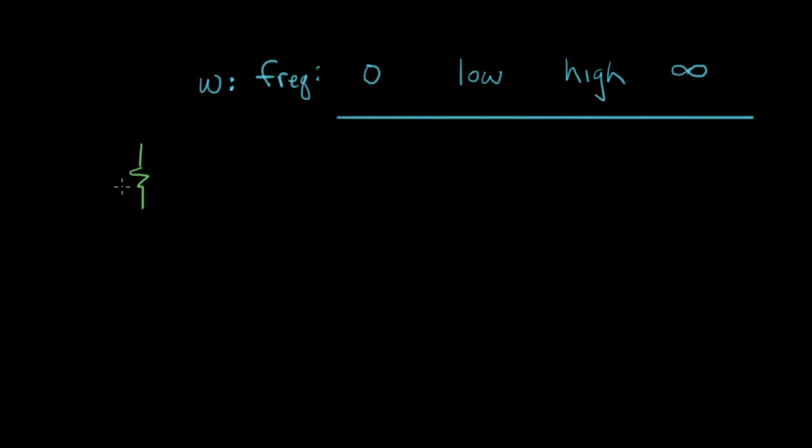First we'll do our resistor, and we're going to fill in the table for Z_R. And we know that equals R. So at any frequency, R is just R. Couldn't be simpler. At zero frequency, which is just called DC or a battery, R is R. At any low frequency, R is R. At infinite frequency too. So there's no dependence on frequency in R.